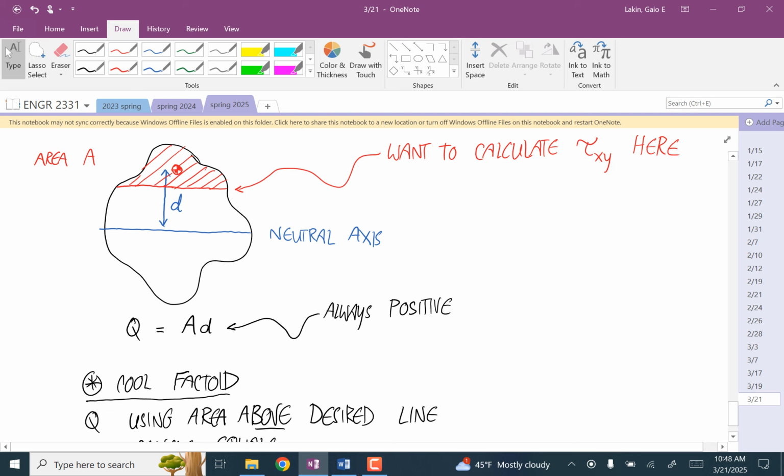You see how that could be? You have this big area, half of the area of the whole thing. You have a distance to the centroid of that half of the shape. And so that Q is always biggest there. And that's why the shear stress is always biggest at the neutral axis.